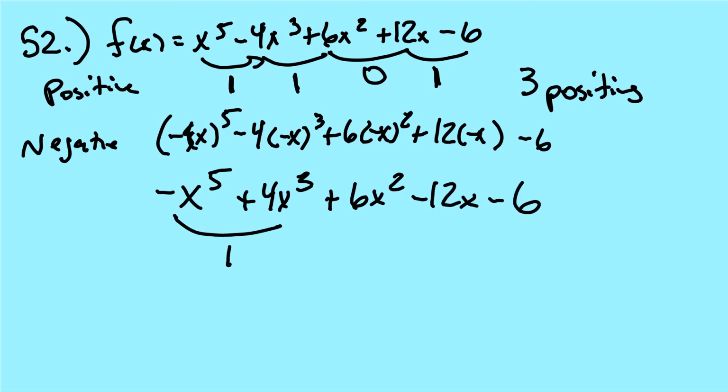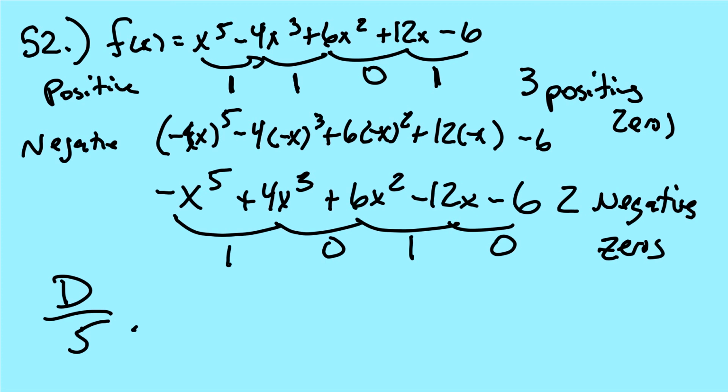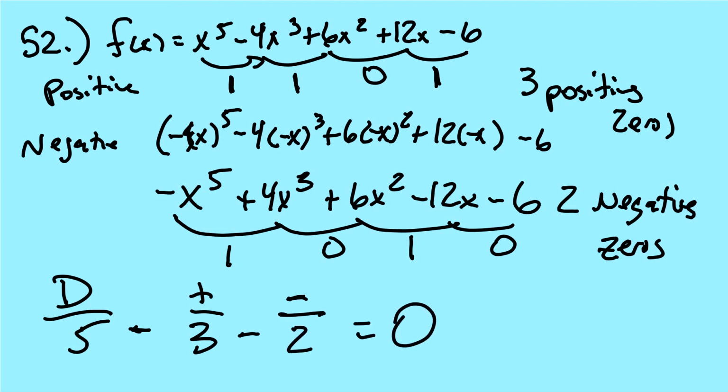Negative to positive, that's 1. Positive to positive, nope. Positive to negative, 1. Negative to negative, none. So I have 2 negative zeros. Well, the degree is 5, so if I subtract the positive, 3, and the negative, 2, I'm left with 0 imaginary. And you actually have to look at the book to tell me which number this is. Remember, this is multiple choice.